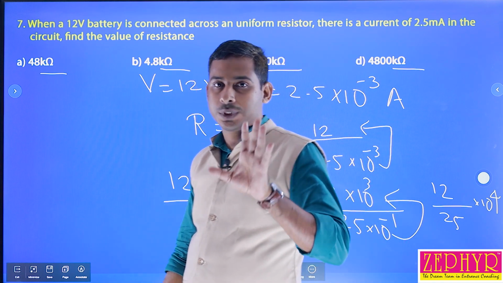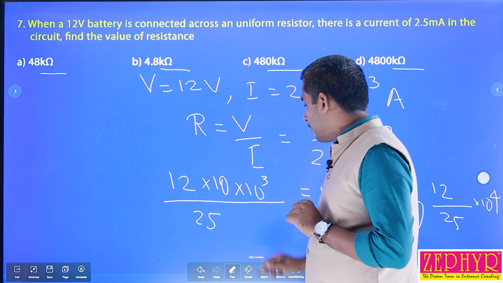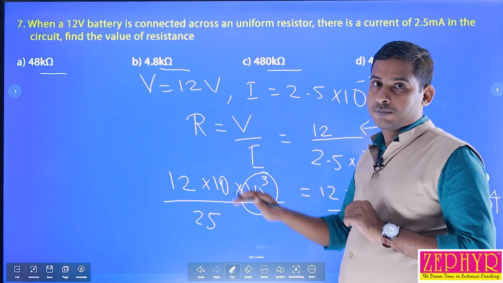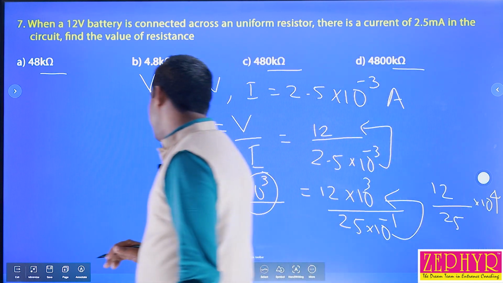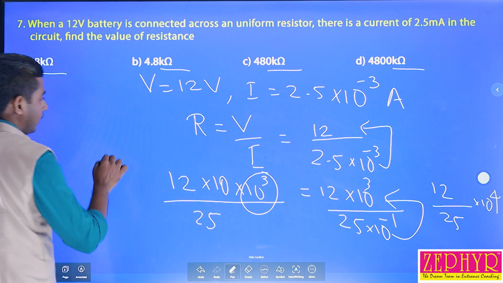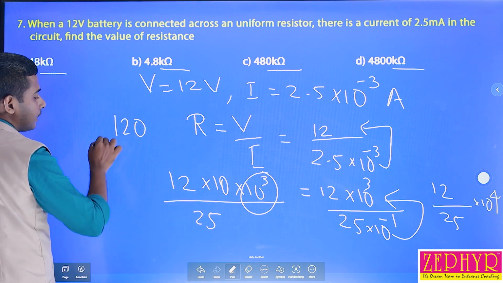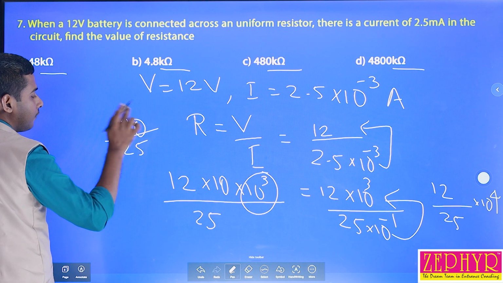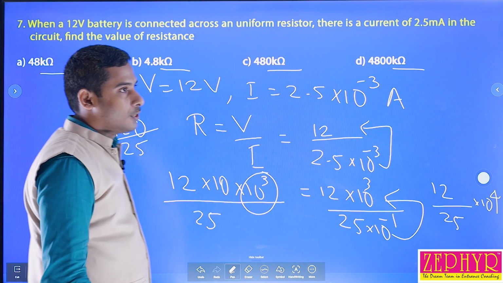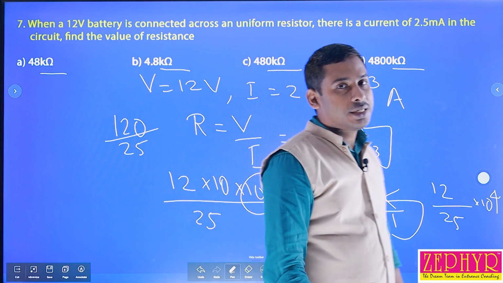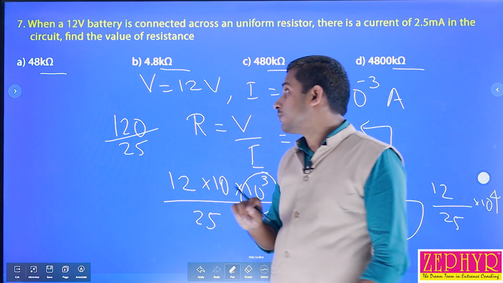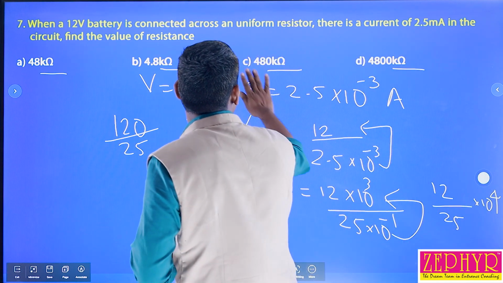That means 10 cube is compulsory. So, the remaining term will be 12 into 10. So, 12 into 10 becomes 120 divided by 25. So, in 120, how many 25s do we have?